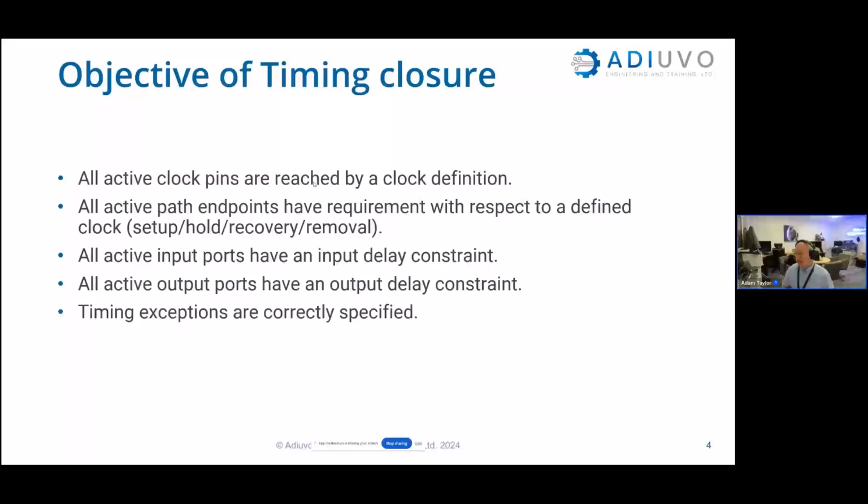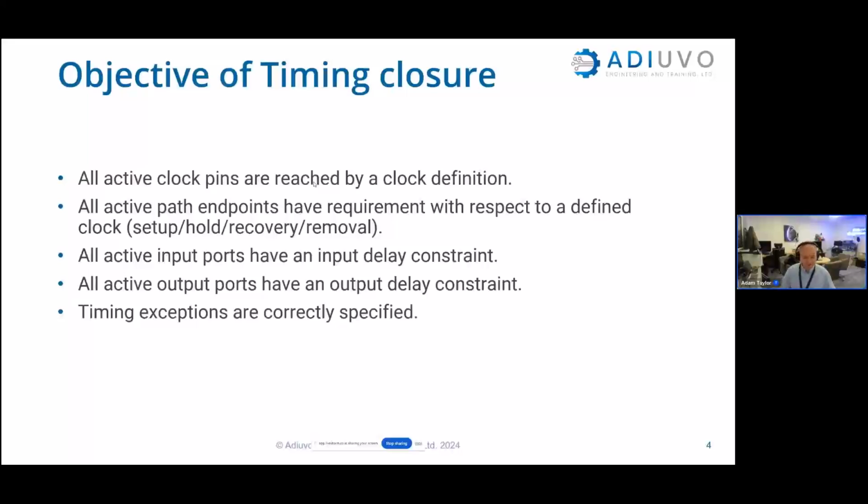Sometimes, depending upon the speed and the frequency of those, we might need to go very complex and start looking at the tracking, the skew, and such like on the PCB. Similarly, for the output ports, we want to make sure that all of our output ports have a good constrained delay also.